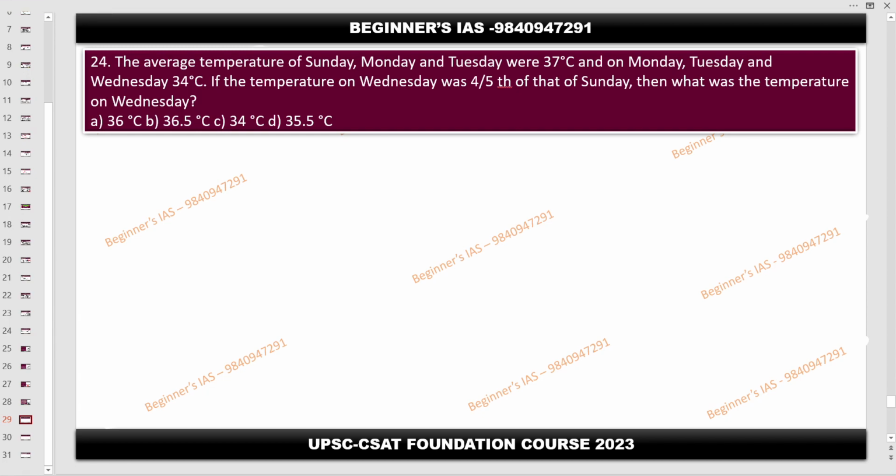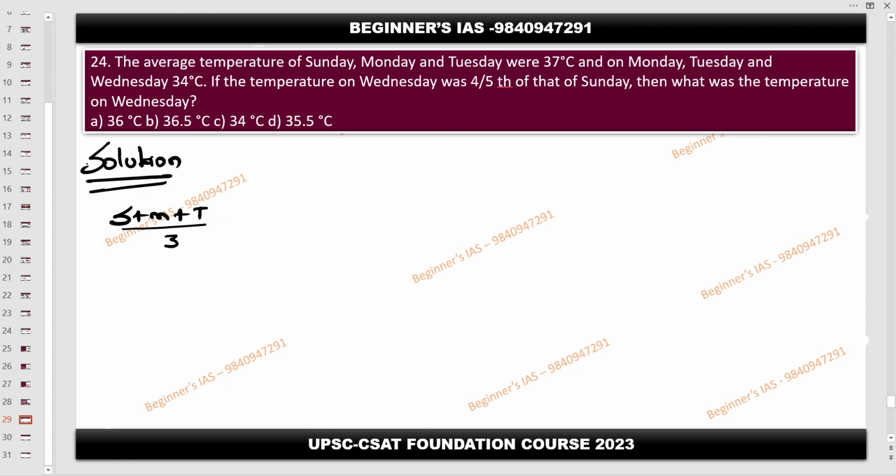Okay. Just tell me the procedure. So the average temperature, yes, S plus M plus T is equal to 37 degree, divided by 3. So it is given that the S M T average temperature, right? Yes, sir. So it is given that the average temperature.